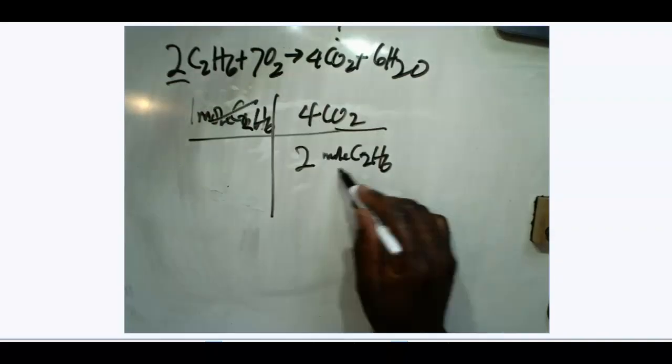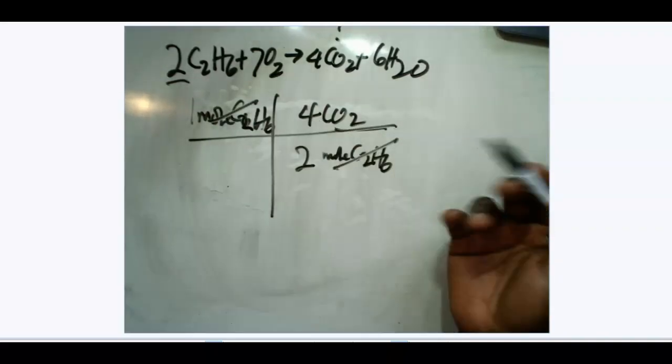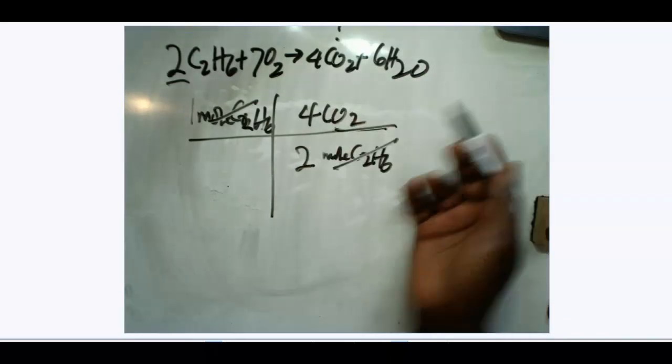Mole of this, we cancel mole of that. Just looking for moles, so we stop at the mole ratio. 4 over 2 is what?